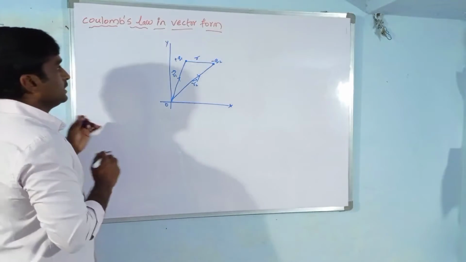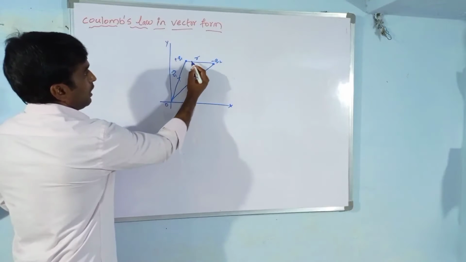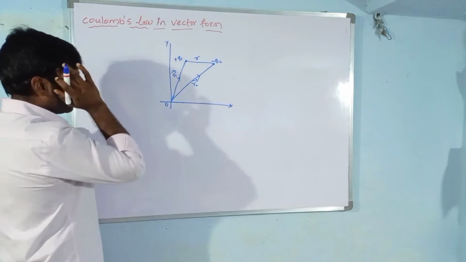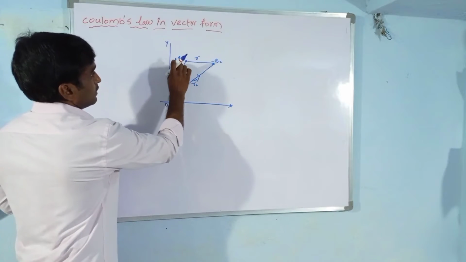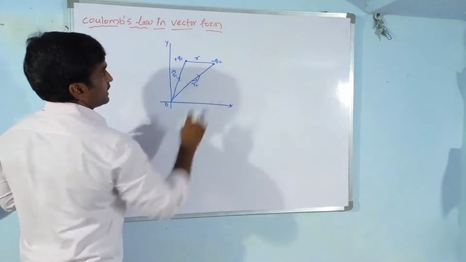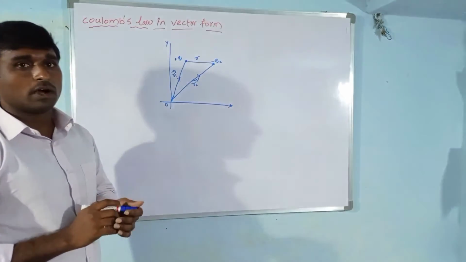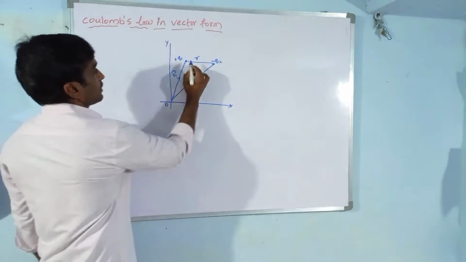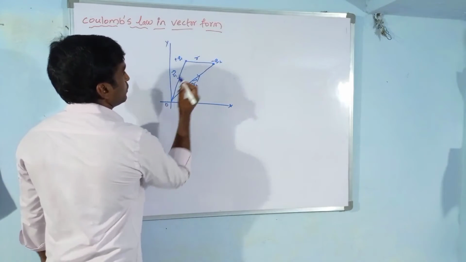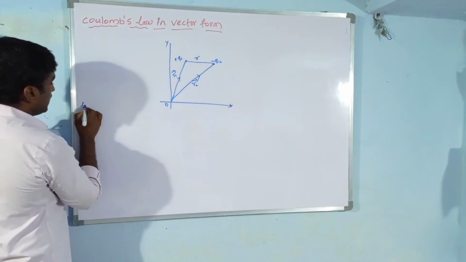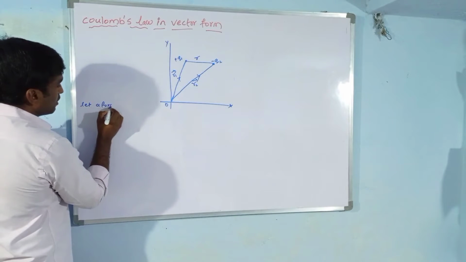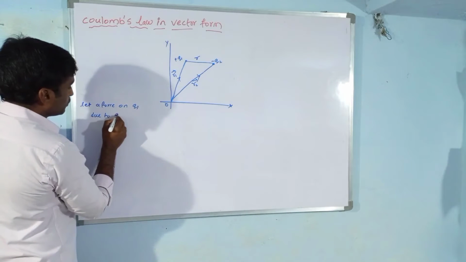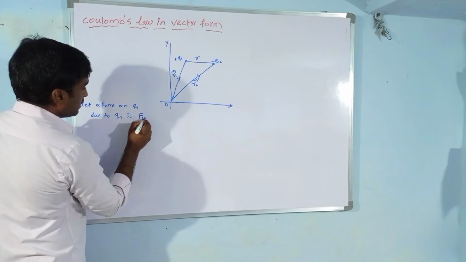See here, let us find the force on q1 due to q2. This is a positive charge, this is a negative charge. When I take two unlike charges, there will be an attractive force. Let the force on q1 due to q2 be F12.